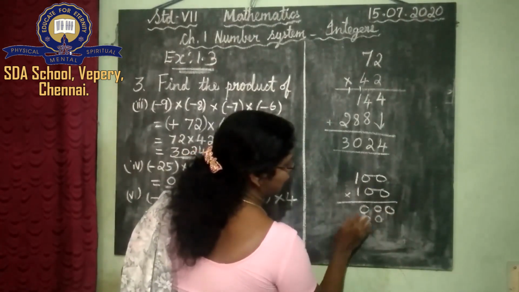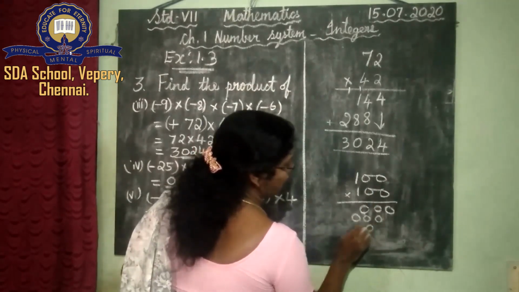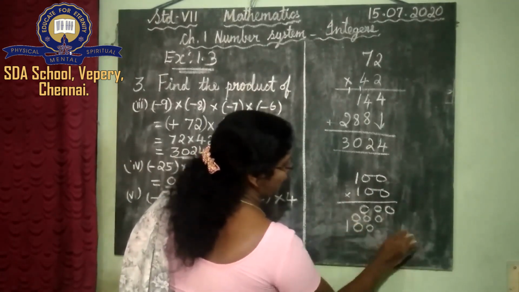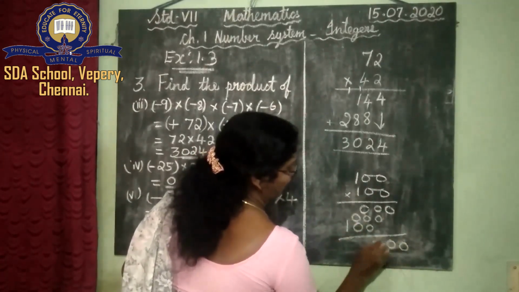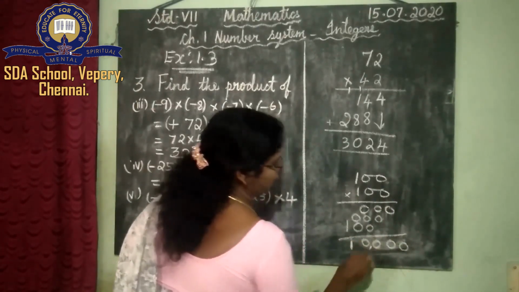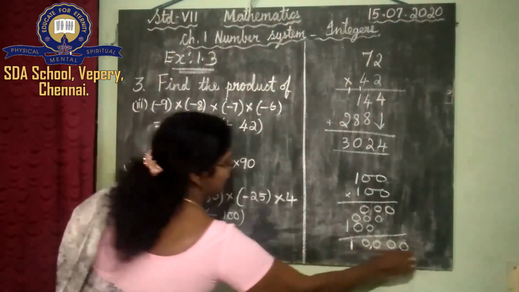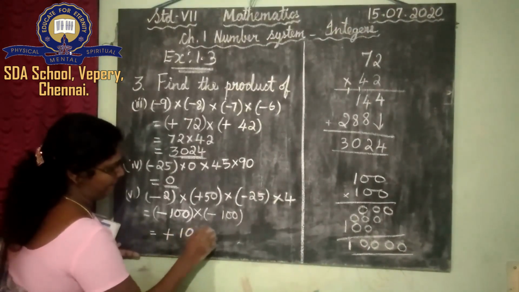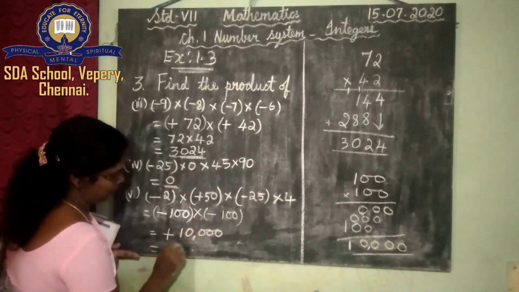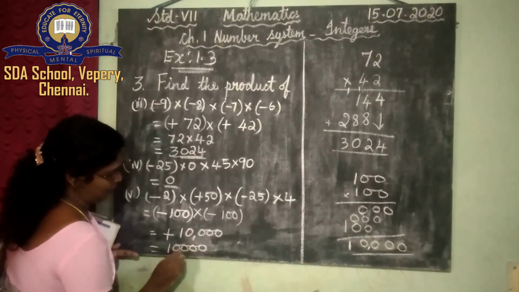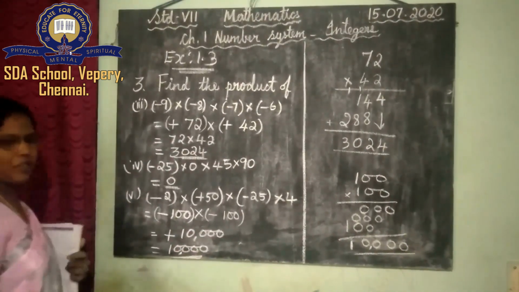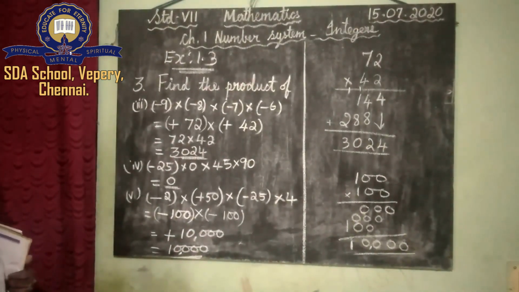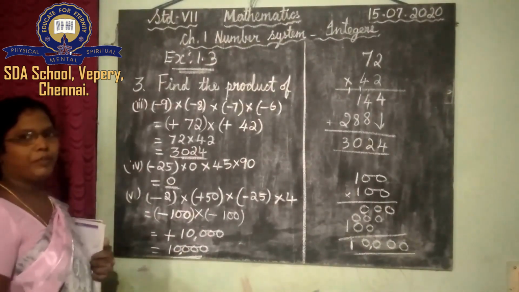So here also 0. 1 zeros are 0, 1 zeros are 0, 1 ones are 1. So your answer is 10,000. Understood now? Okay. Copy down this.